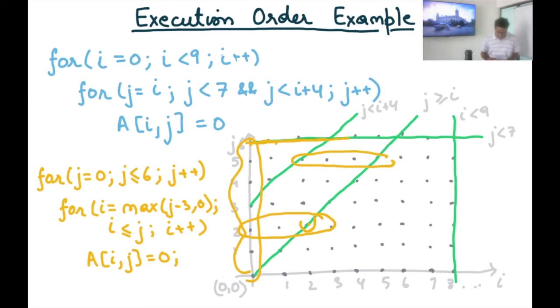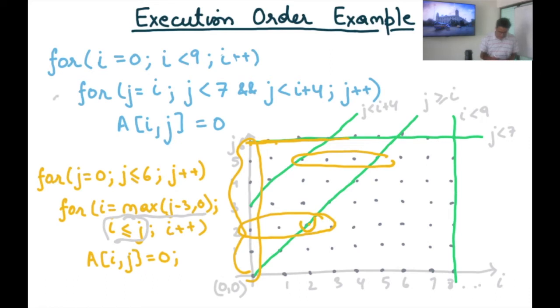So that's the lower bound and upper bound that I need for I given a fixed value of J. I'll give you the solution, and later we're going to discuss the algorithm to get it. I's lower bound is the maximum of J minus 3 and 0. So I is greater than or equal to both J minus 3 and 0, and I is less than or equal to J. So the upper bound is J and the lower bound is the maximum of J minus 3 and 0.